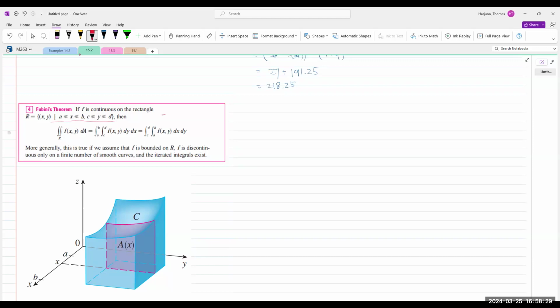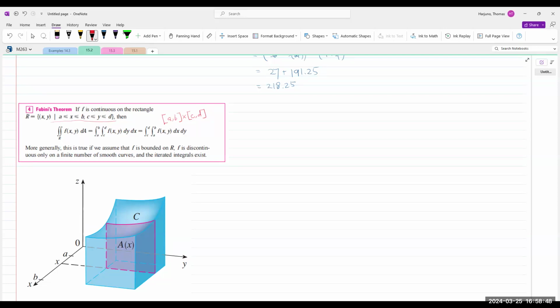My way of writing that rectangle is [a,b] by [c,d], so the first interval for x, the second interval for y. Then this integral will be the same even if you reverse the order of integration.